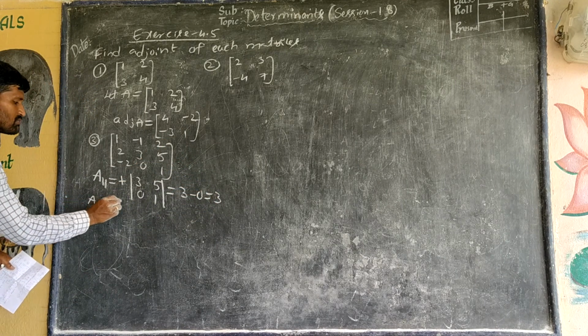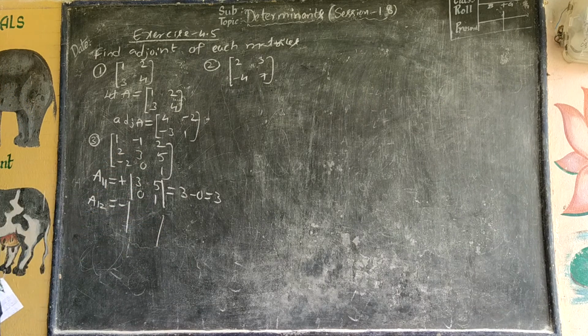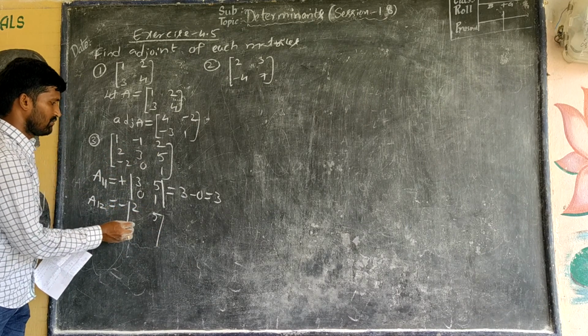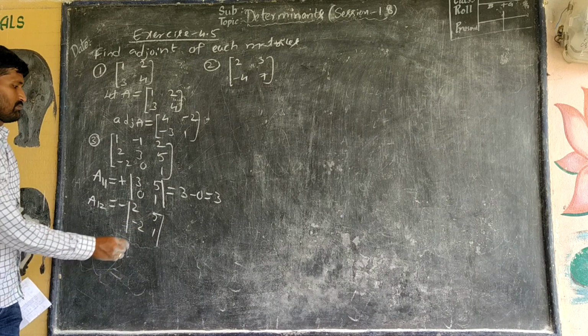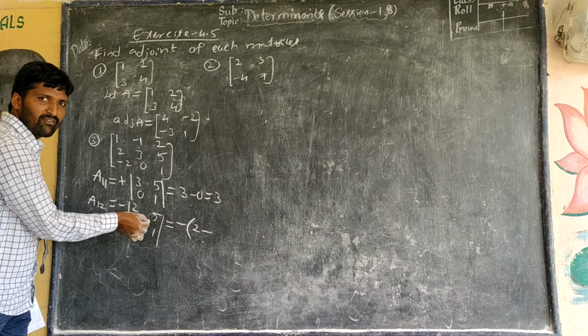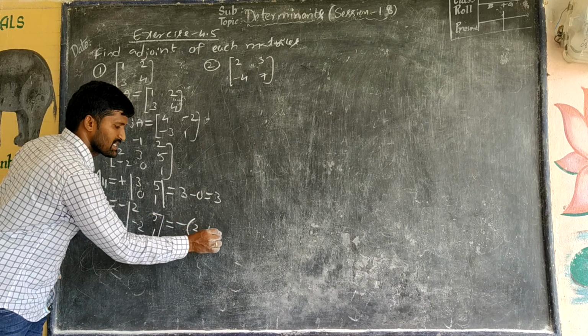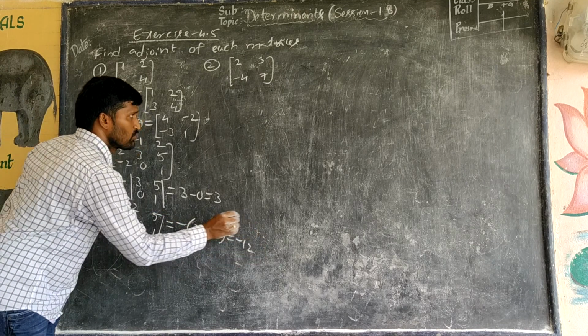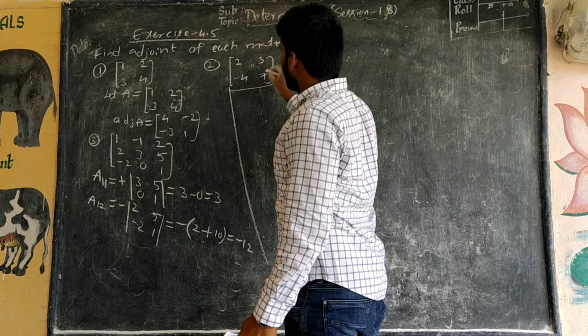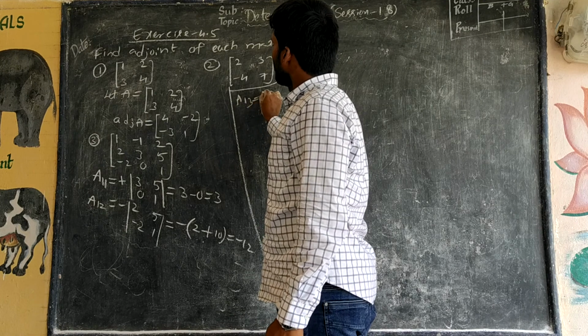Next A12, sign is minus. By deleting its row and column: [2 5; -2 1]. Minus of 2 into 1 is 2, minus 5 into minus 2 is minus 10, so 2 plus 10, total minus 12. Next, third element A13, sign is plus.